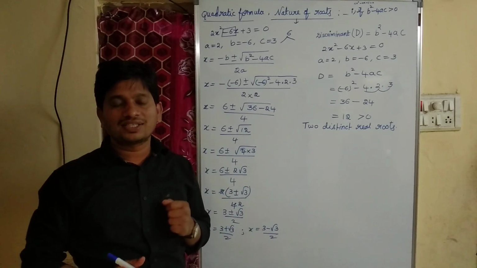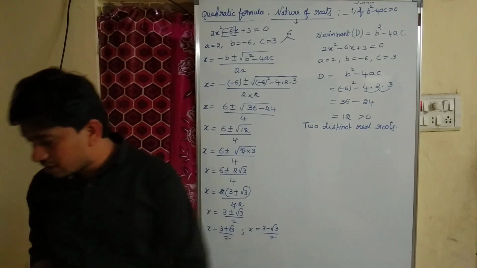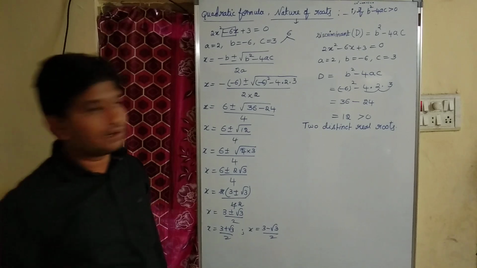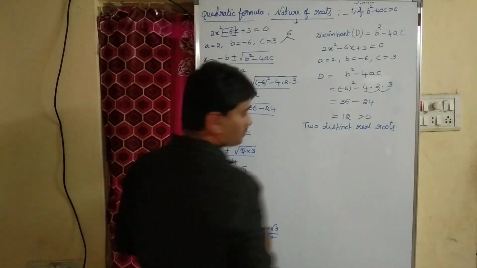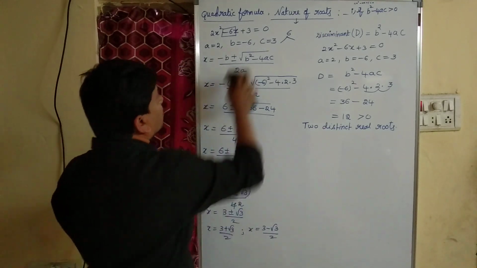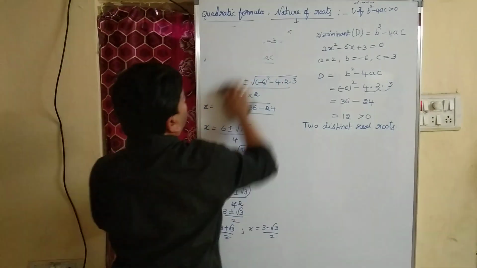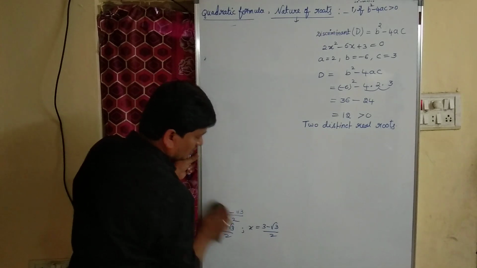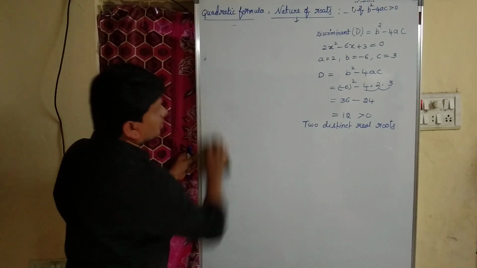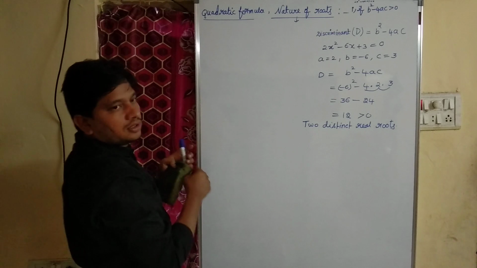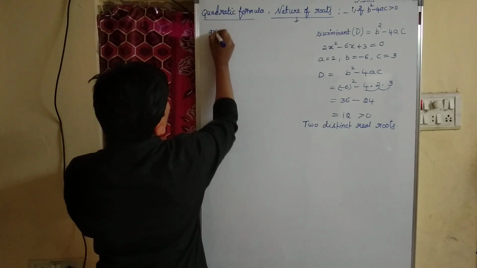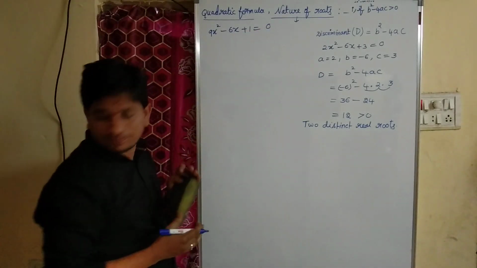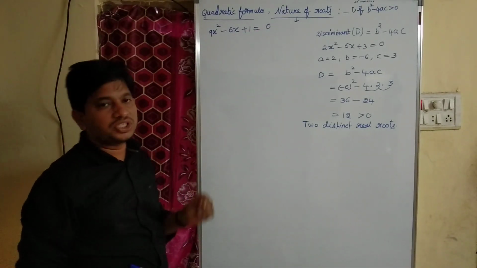Okay children, for example, consider one more equation, that is 9x square minus 6x plus 1 equal to 0.